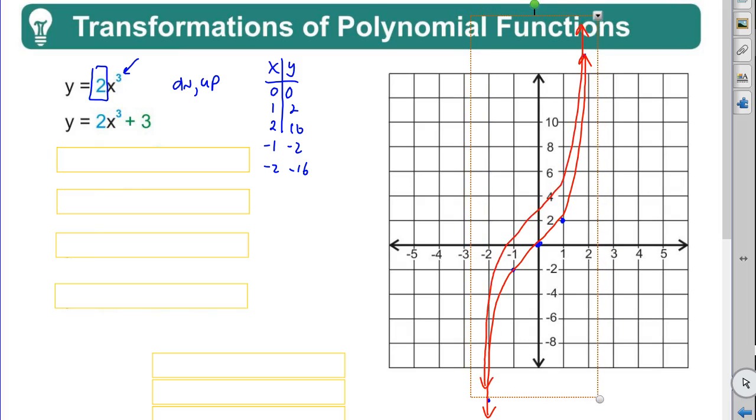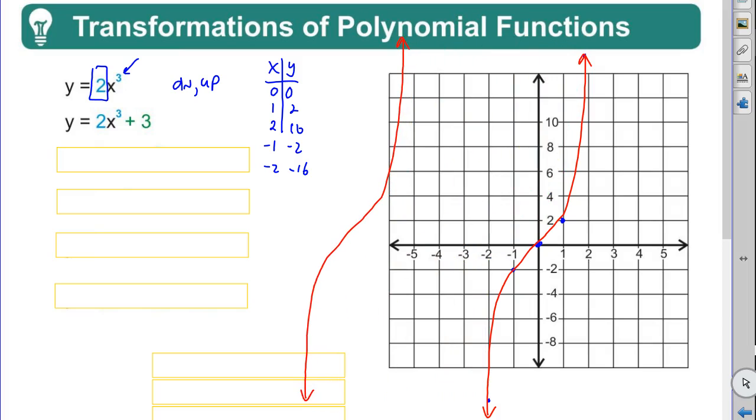Every output is exactly 3 higher. So there would be the graph, because no matter what value you take, this one is 3 higher, this one is 3 higher, and so on. Every value is 3 higher.